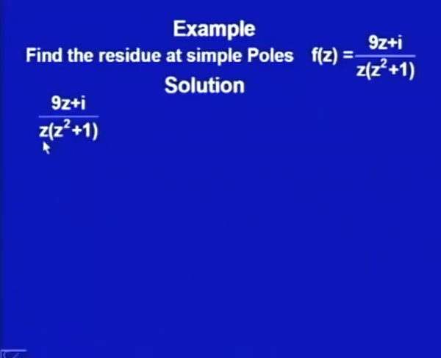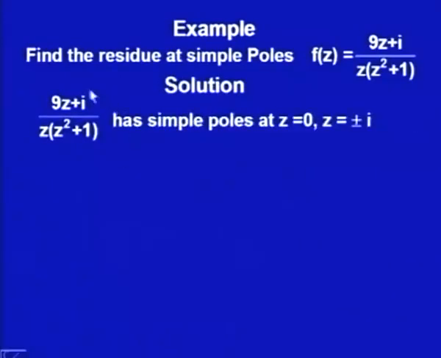Since q(z) is actually z cubed plus z, q'(z) would be 3z squared plus 1. So for z equal to 0 or plus minus i, that won't be 0. So the denominator z into (z squared plus 1) has simple zeros at 0 and plus and minus i.